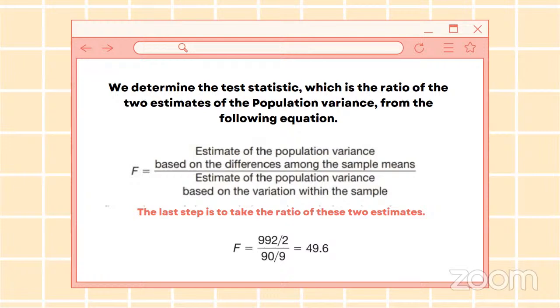The last step is to take the ratio of these two estimates. F equals 992 divided by 2, over 90 divided by 9, equals 49.6.